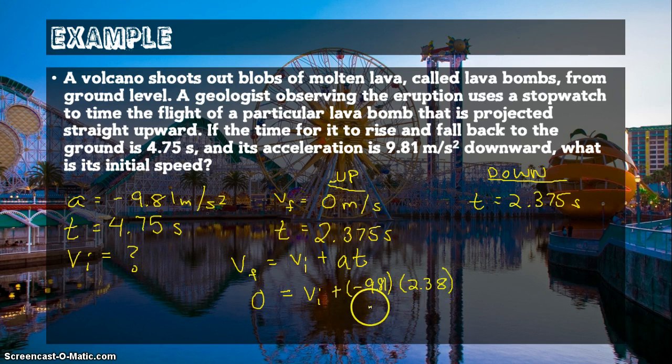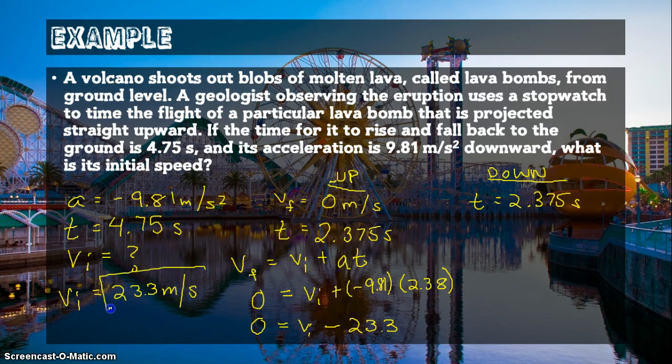We'll keep our sig figs consistent there. So we should get 0 is equal to v_i minus 23.3. And if we throw this on the other side, we should find that our initial velocity equals 23.3 meters per second.